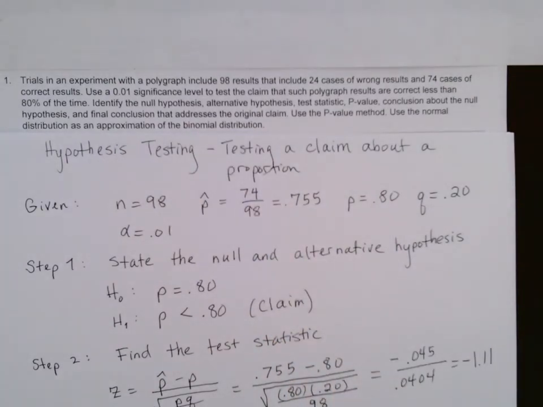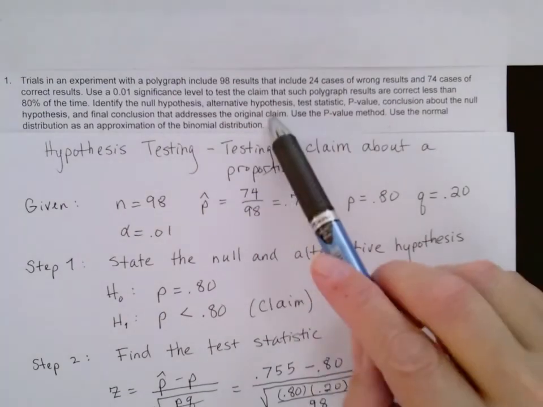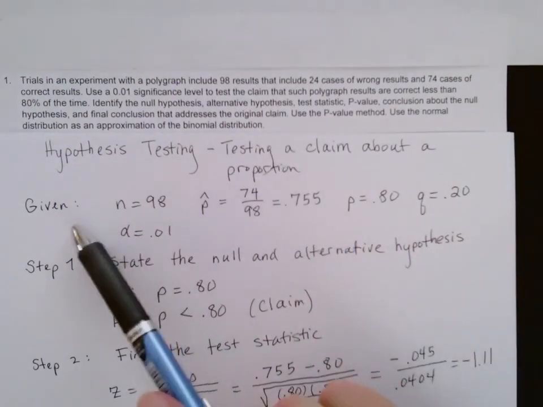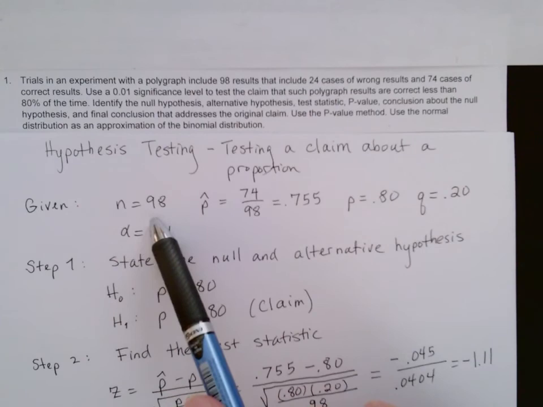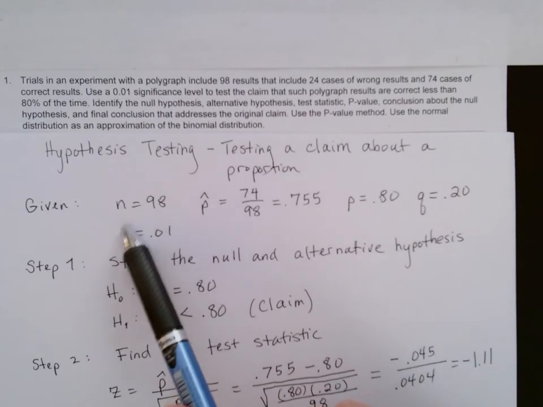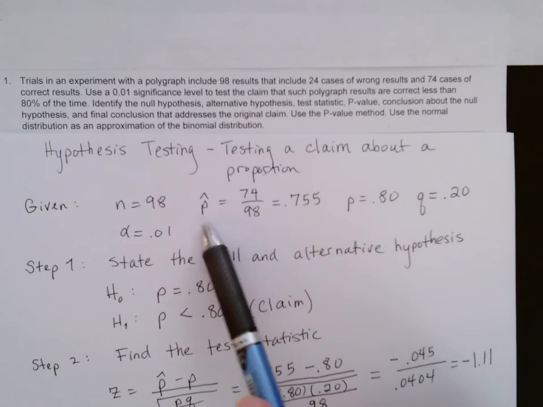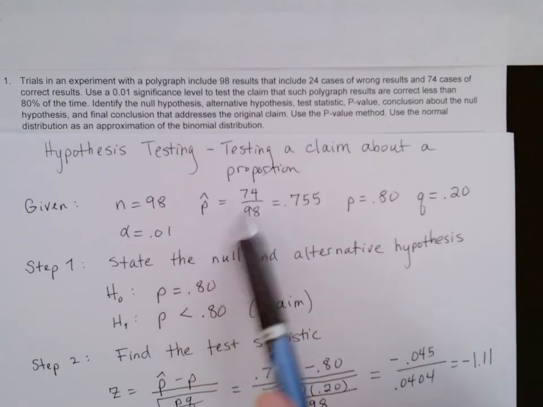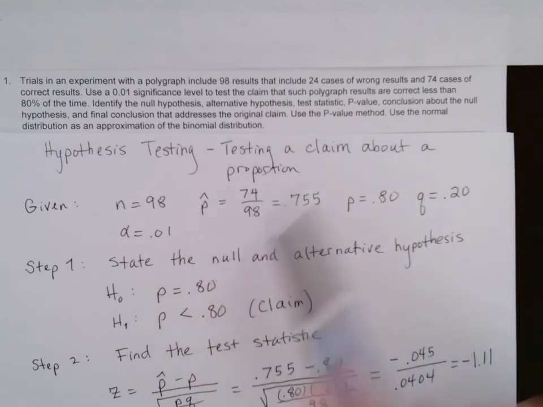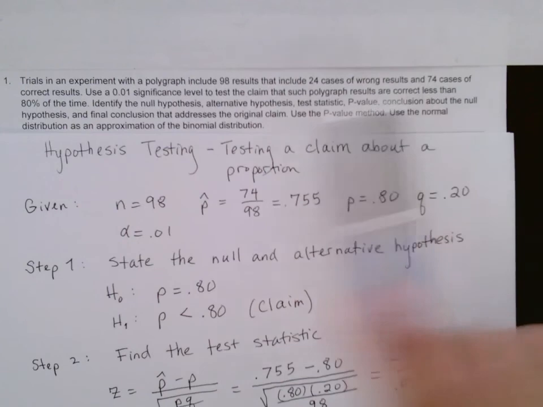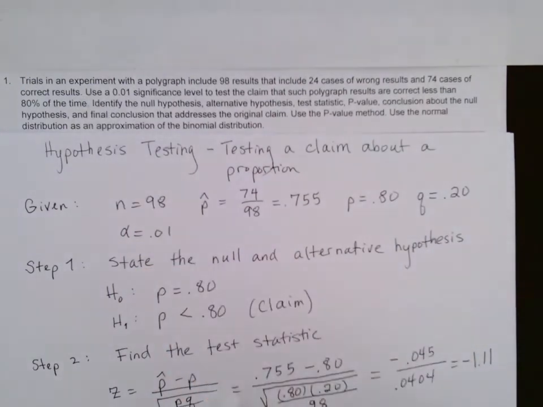So what I have here is I've listed out the givens from the information in this problem. The sample size n is 98. P hat, the sample proportion, is 74 over 98 because we're told 74 cases have correct results.